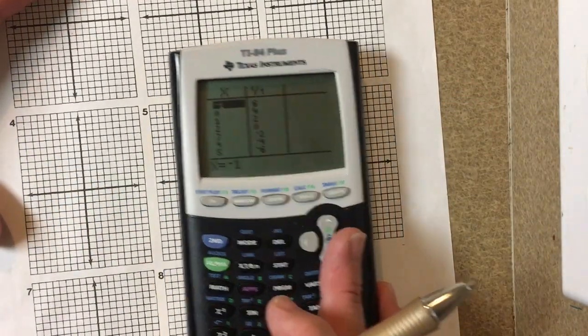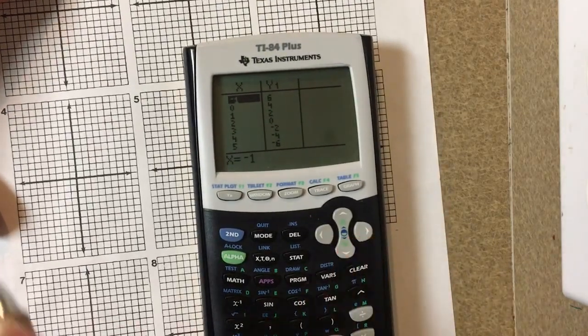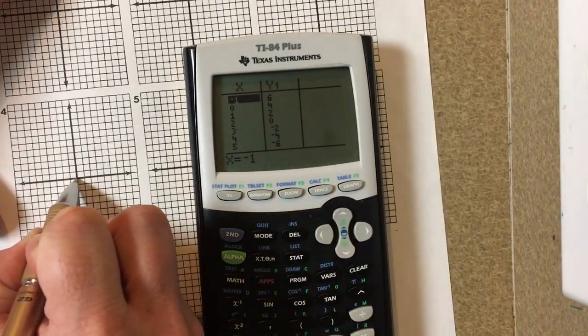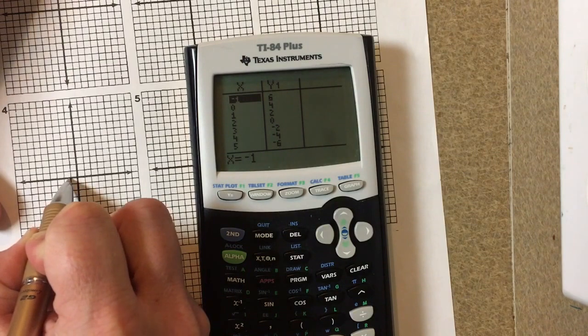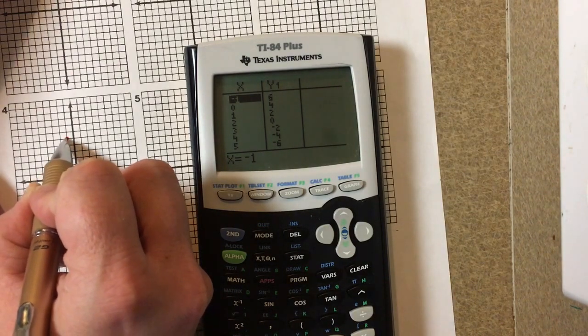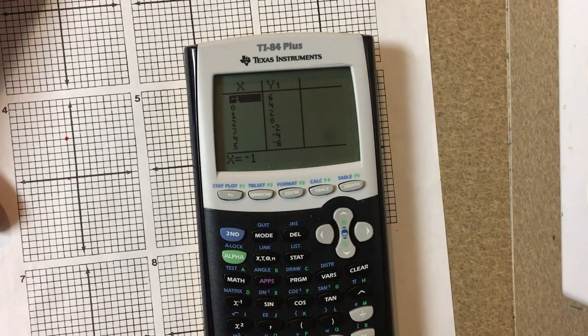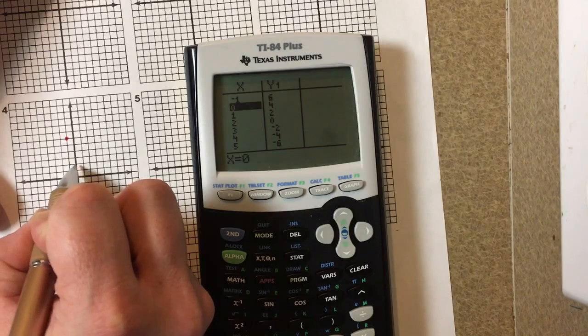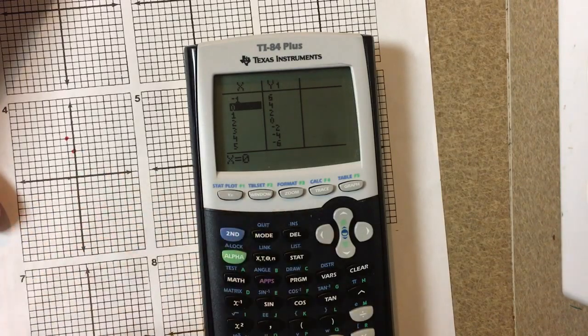All right, so we had negative 1 and 6. So here's my 0, 0. I'm just going to go to the left 1 and up to 6. 1, 2, 3, 4, 5, 6. Another ordered pair I had was 0 and 4. So here's 0, 1, 2, 3, 4. We had 2 and 0.